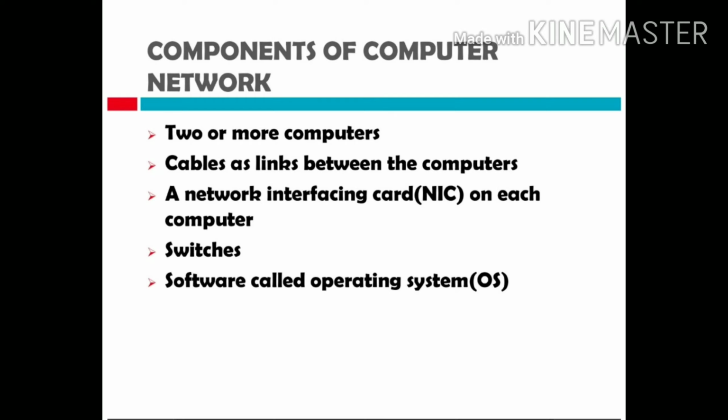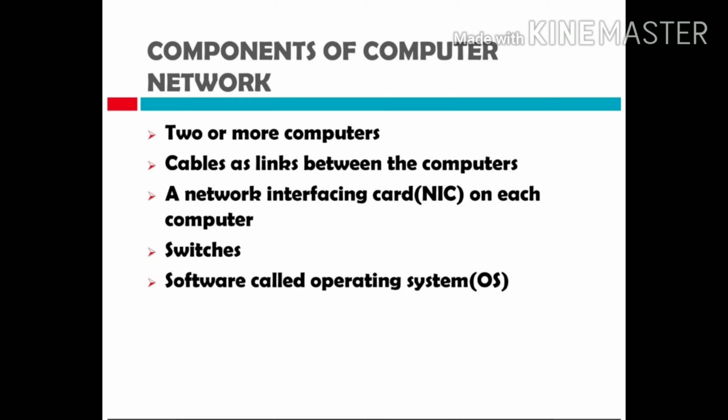In these slides, there is an explanation of the components of a computer network. We have so many components which are required for computer networks. First is two or more computers. This is mandatory: if more than two systems are there, then we can use networking. Second is cable as a link between the systems and the computers.